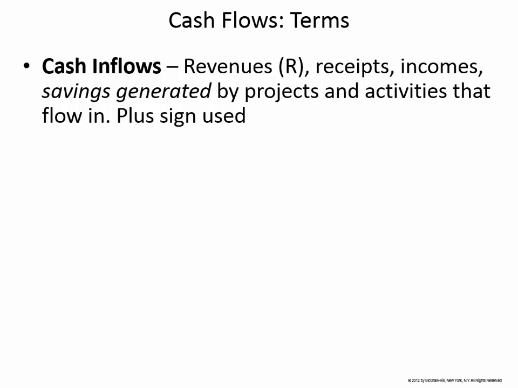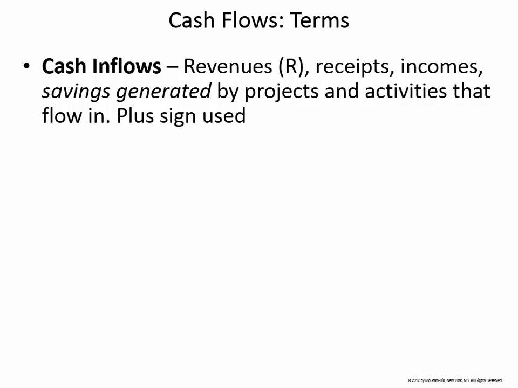So savings generated. Let's say that in the past you used to spend a lot of money on electricity because maybe you had a very inefficient air conditioner. But someone has the idea, let's change from the inefficient air conditioner to an air conditioner that uses less electricity. So if you use less electricity, you're saving money that you used to spend. That counts as an inflow.